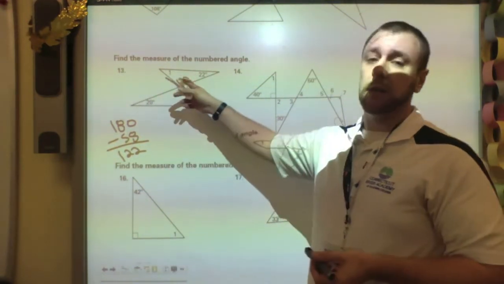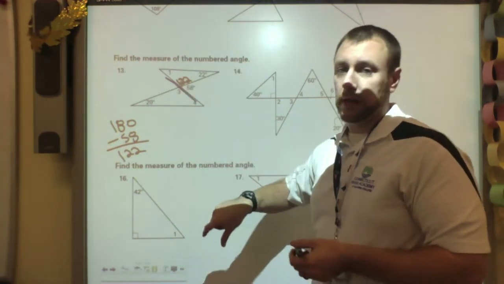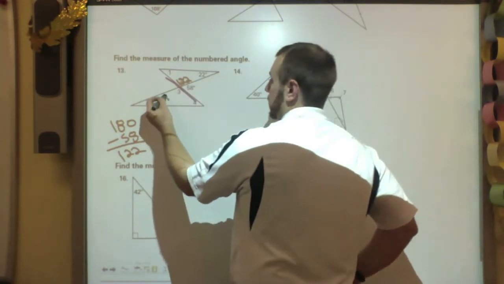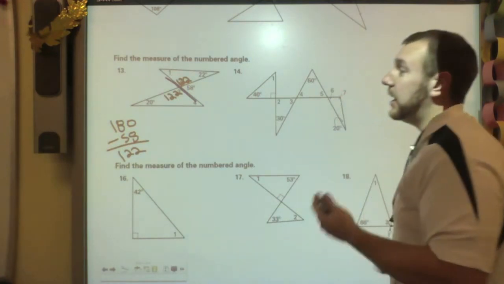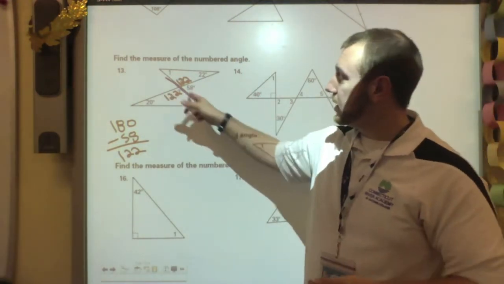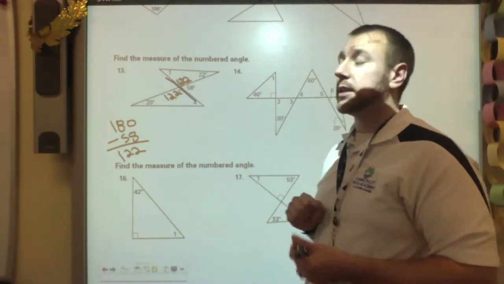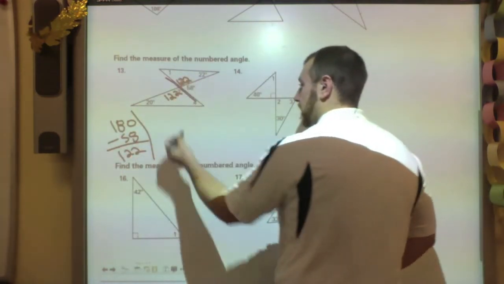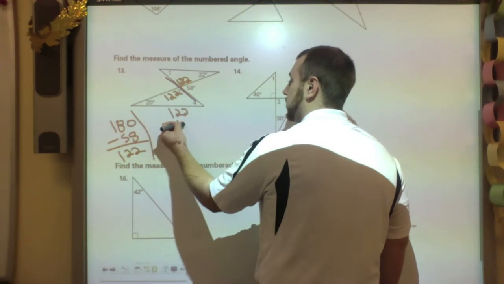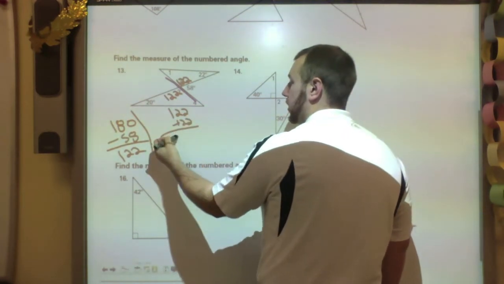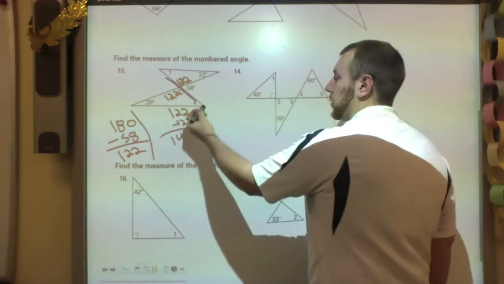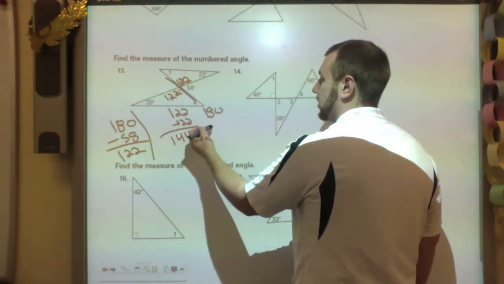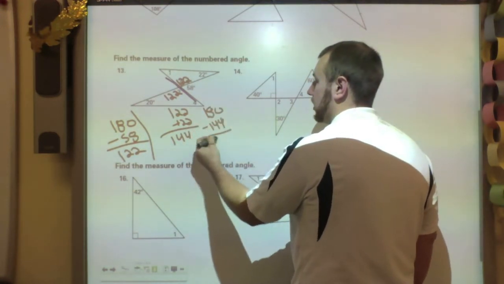If angle 2 is 122, its vertical angle, angle 3, is 122. Now I have two angles in each one of these triangles, and I can solve. So for this top triangle, I would do 122 plus 22, and I would get 144. And then 180 minus 144 is 36.